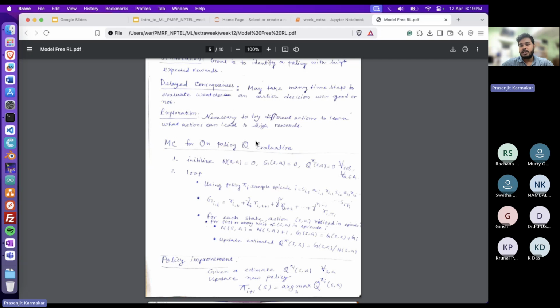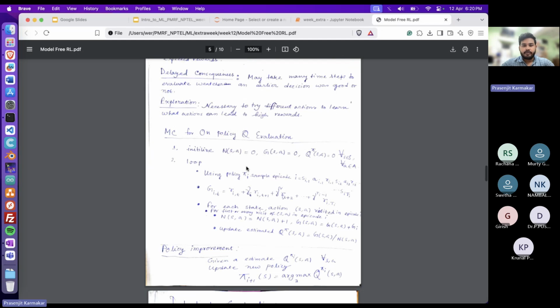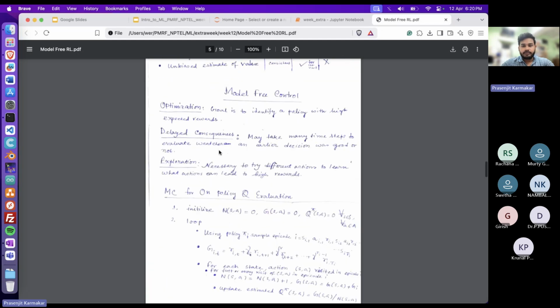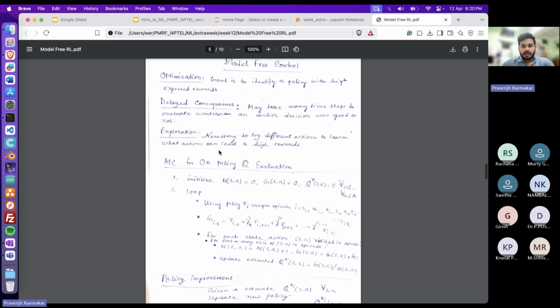If there are a large enough number of episodes, you can expect your policy to converge. As you keep playing more and more in the game, your policy should statistically become better and better until it converges or saturates.